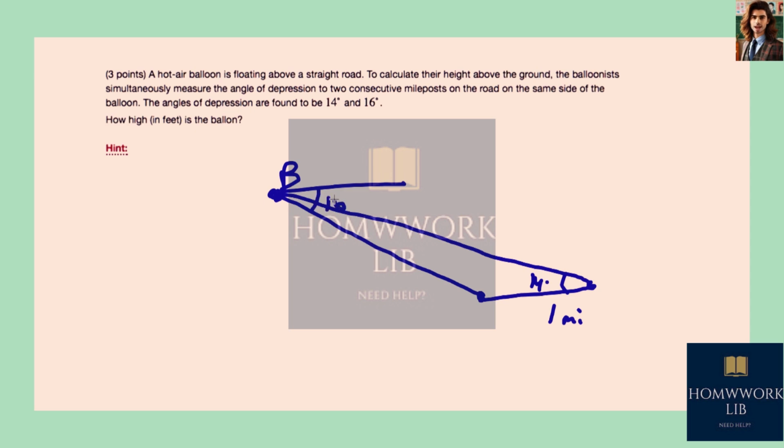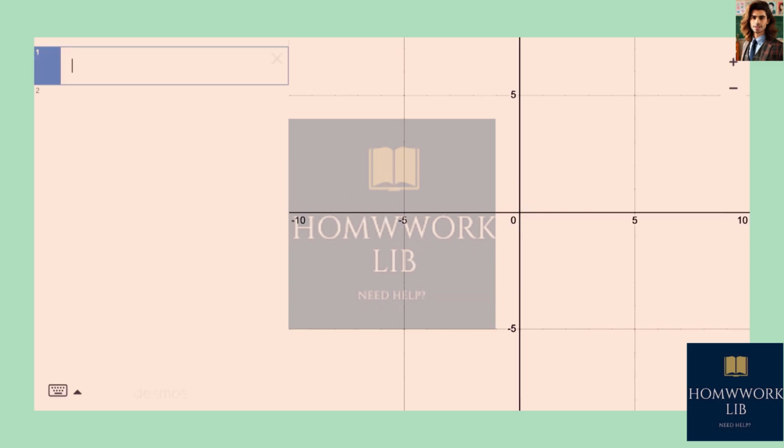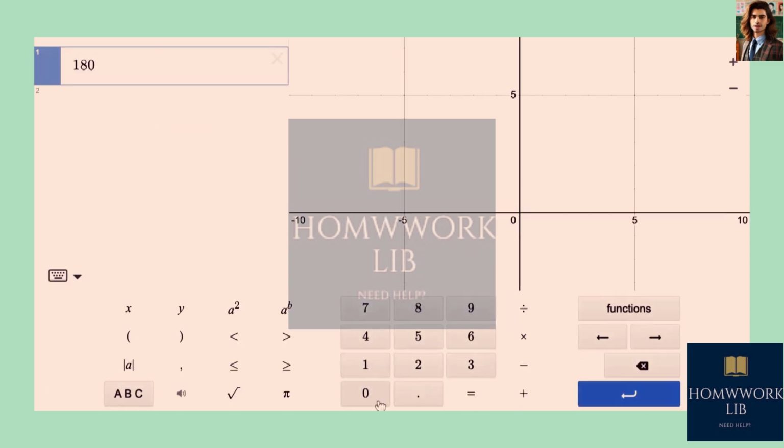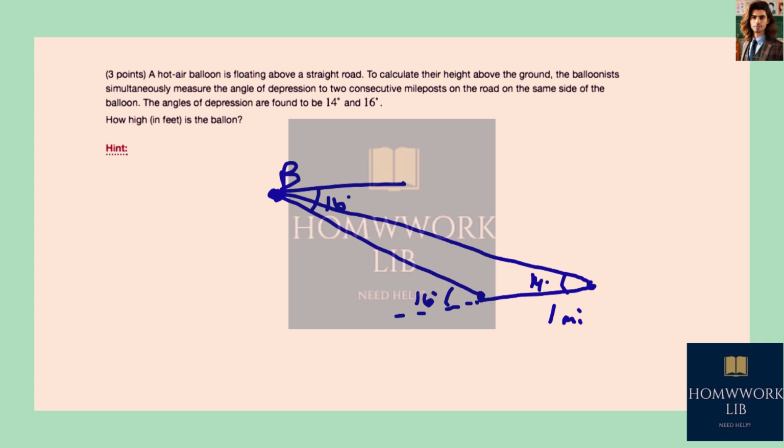And if this is 16 degrees, then we've got 16 degrees here, and there's 180 degrees in a line, so 180 minus 16 is 164 degrees inside of the triangle.